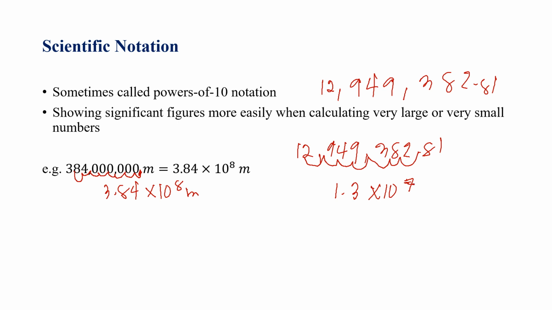As you have seen here, the 2 was rounded off to 3 because looking to the right of 2, you have 9, which is greater than 5, so you add 1. So you have 12,949,382.81 written in scientific notation as 1.3 times 10 to the 7.